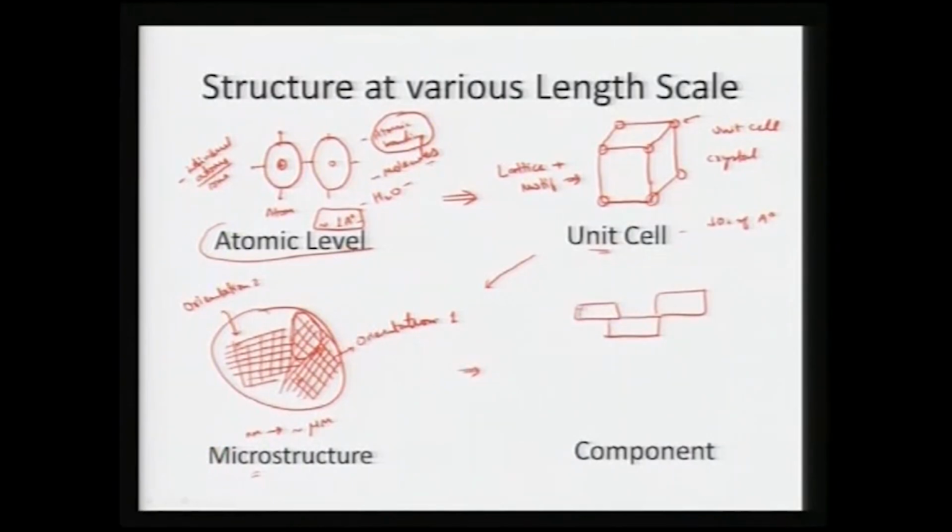This material will be composed of multiple grains. These can be micro grains or nano grains, and then we can make it a useful unit. So, we can develop more complex units or components by utilizing this particular material.